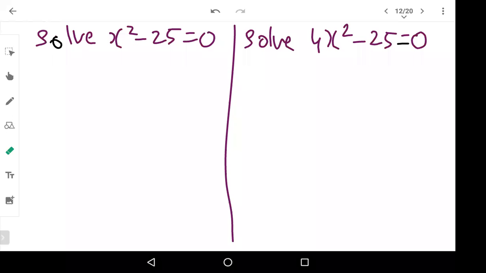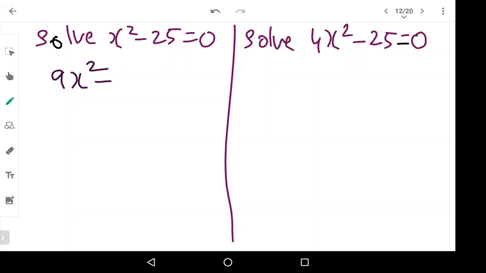So these problems, which were given as homework, are pure quadratic equation format. They are not affected, which means you don't have the value for bx, where b is equal to 0. So if you see this first one, it is ax square.